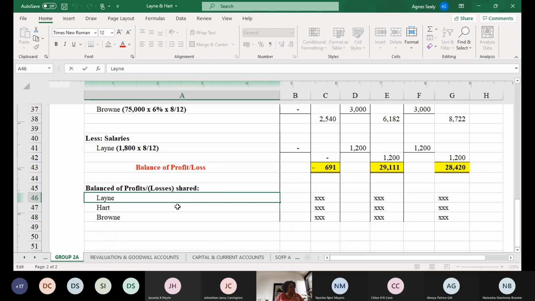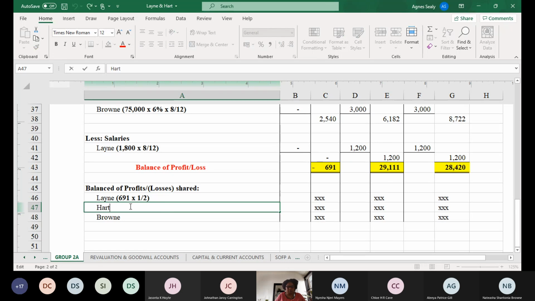I think the old agreement states that Layne and Hart share profits and losses equally. So they have to share this 691 equally. So that would be 691 times a half, or 691 divided by 2.